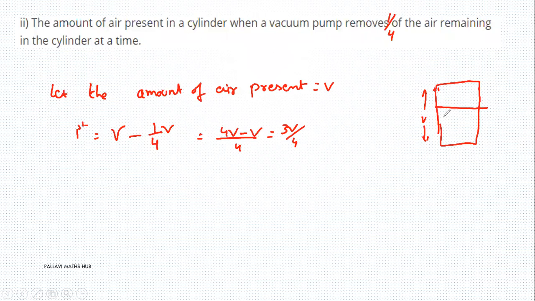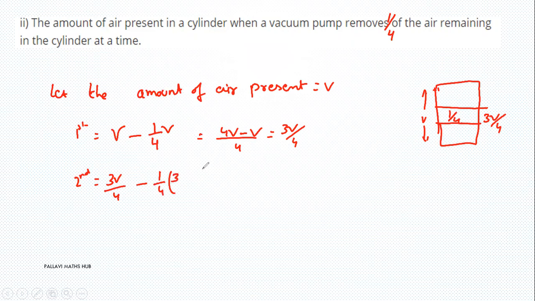Again, only 3/4 here. 3V/4 air is present. For the second time, from 3V/4, again they are removing 1/4. So the air remaining is 3V/4 minus 1/4 times the air present in the cylinder.